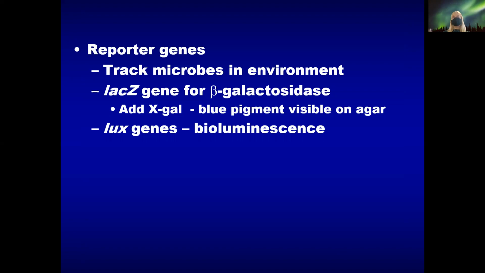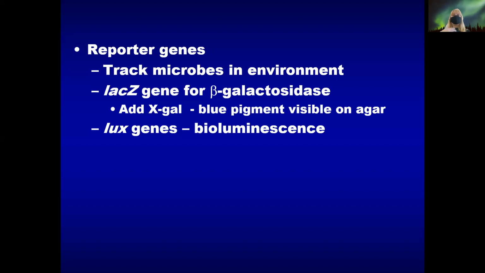Those are just the genes that allow for bioluminescence, and you can insert them into your microbes and look for them. For example, if I think I came up with this wonderful biocontrol agent and I want to do a field study, I can put in either the LacZ gene or the Lux genes, release it into the environment, see if it really can form biocontrol, and then take samples periodically and ask the question: is this biocontrol agent even surviving when I put it out in the soil, let alone can it reduce disease levels?